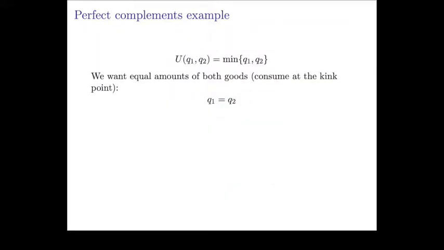Now let's look at this utility function. Remember, their utility function is given by the minimum of Q1 and Q2. So this consumer wants to buy a bundle where Q1 equals Q2.